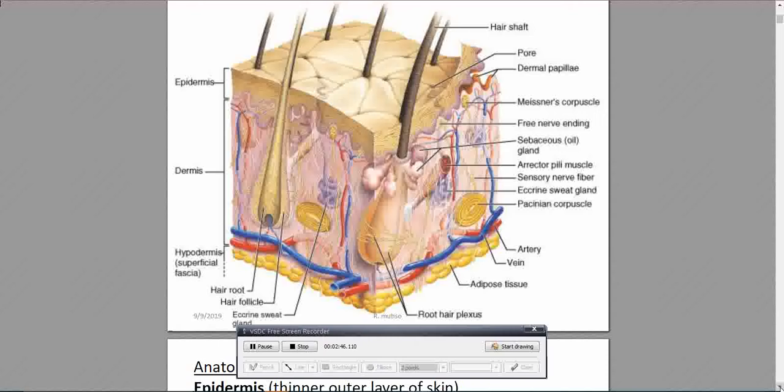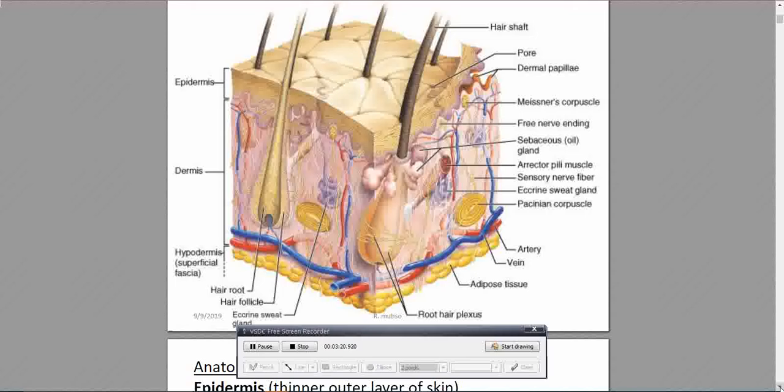We have the epidermis at the very top, which has the pore and the dermal papillae, and the hair shaft passing through the epidermis from the inner skin to the outer skin. Then followed by the dermis. The dermis has many things: the hair root, the hair follicles, the eccrine sweat glands, the Pacinian corpuscles, the sensory nerve fibers, the arrector pili muscles, the sebaceous glands, the free nerve endings, and the Meissner's corpuscles.